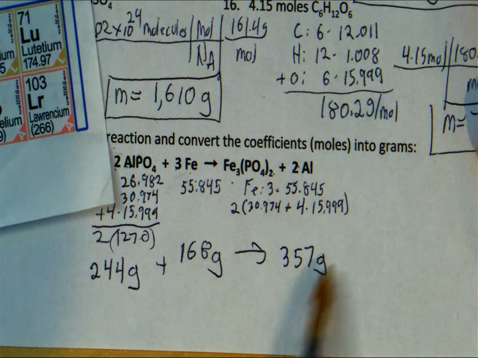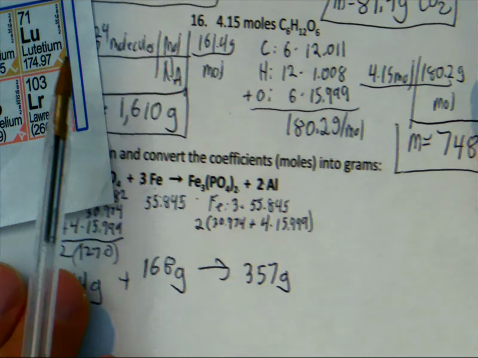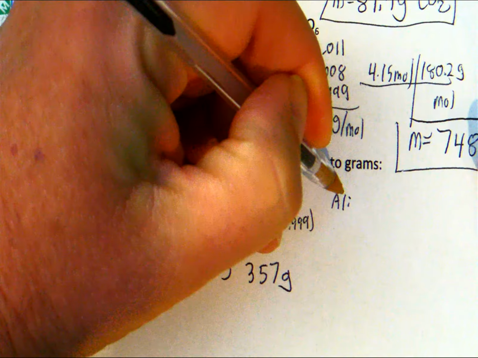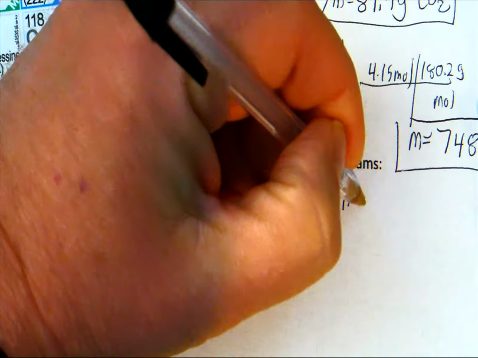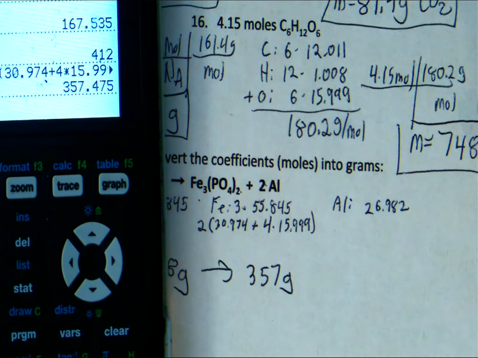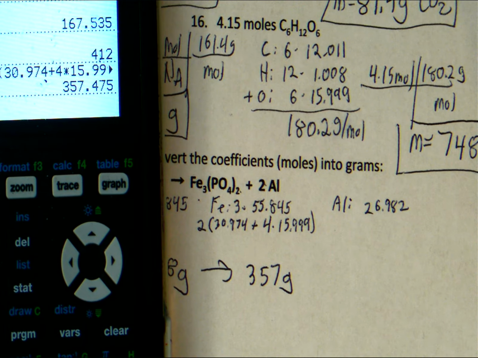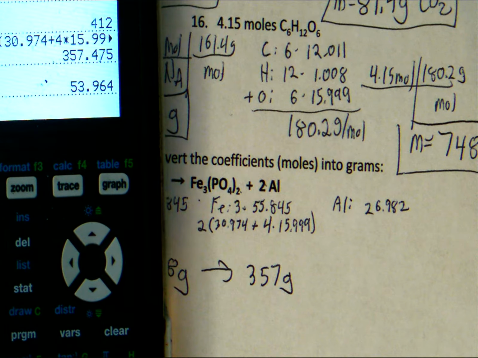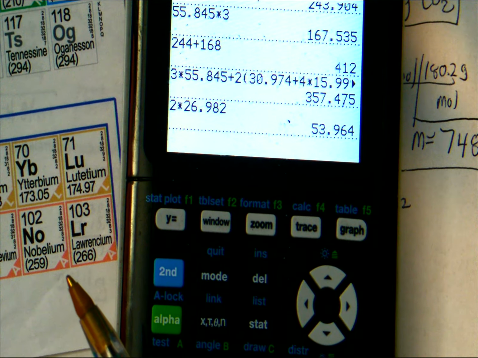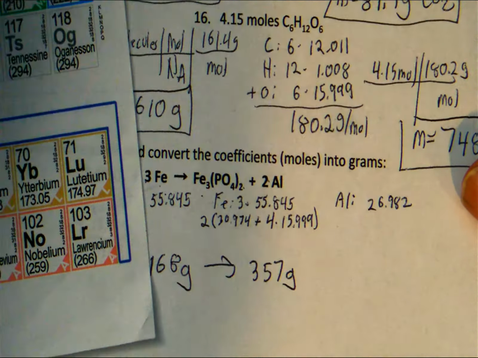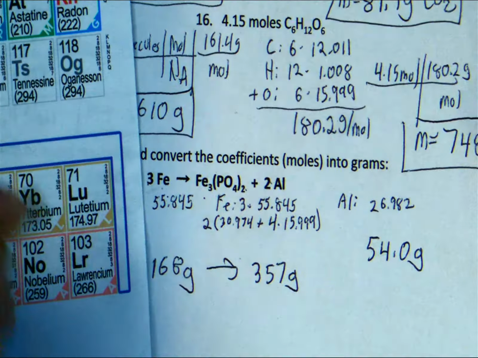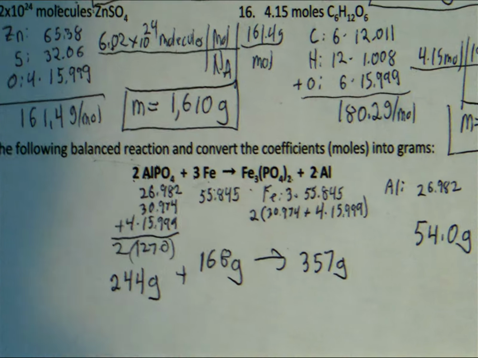So by subtraction, we should know what the aluminum will be, but just to do it properly, for aluminum, its mass is 26.982 atomic mass units. So if I go 2 times 26.982, enter, I get 53.96, which rounds up to 54.0, 54.0 grams of aluminum.